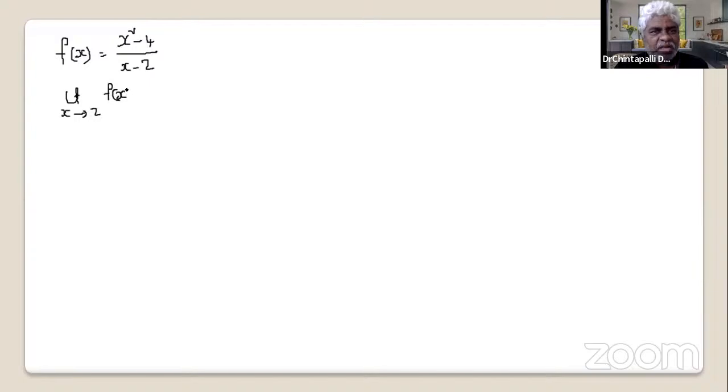There is a mistake. Practically, we understood that its value is 4.